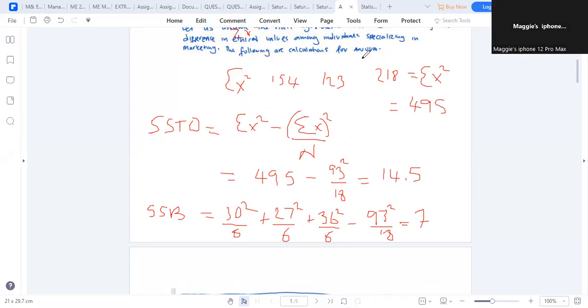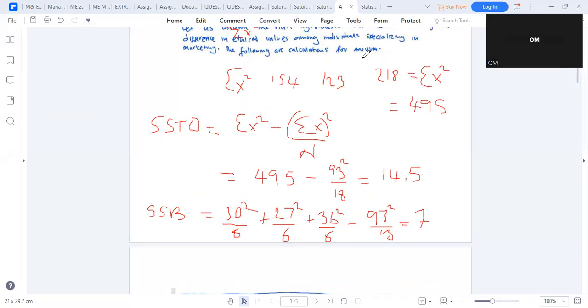Yes. All right, Maggie, can you lead us through? So what we have, sum of square total was what? 14.5. Sum of square between was what? 7.